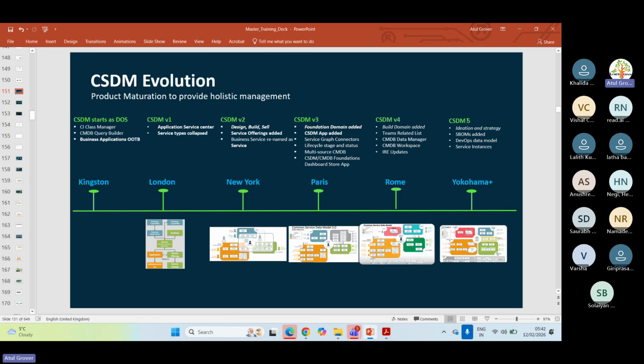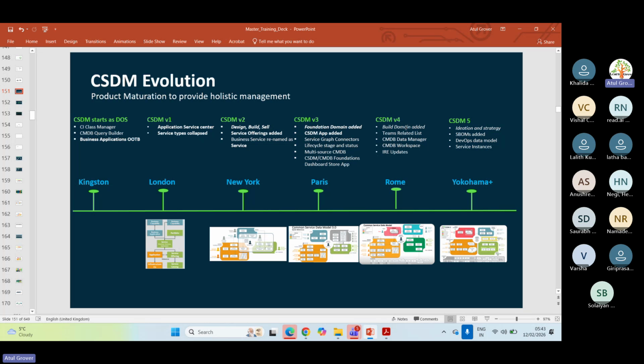Multiple things they have changed. If you can see here the small one, they just have a kind of an application service offering. There was no concept of domains. But in version 2, they built domains: design, build, and sell. In 3, they brought the fourth domain, foundation data.